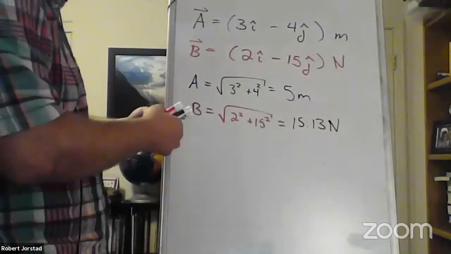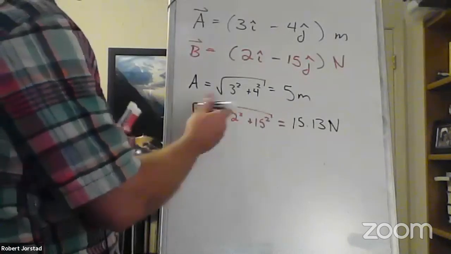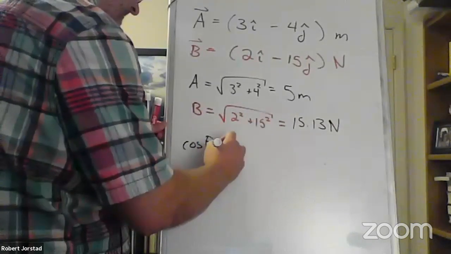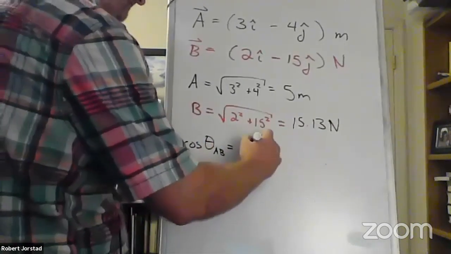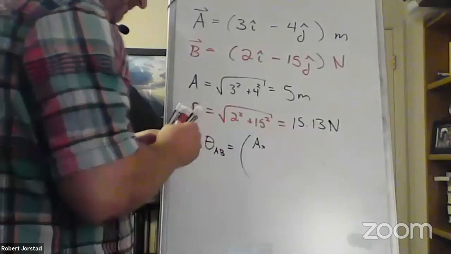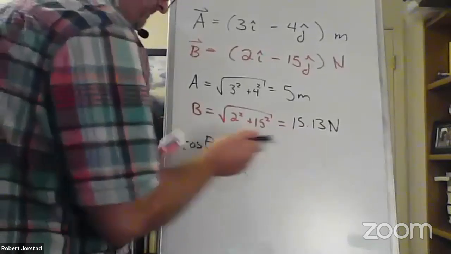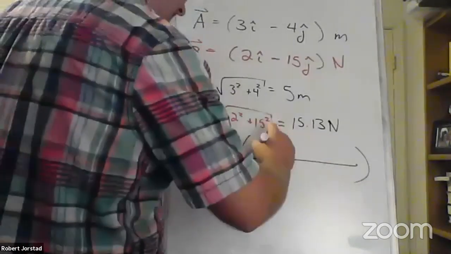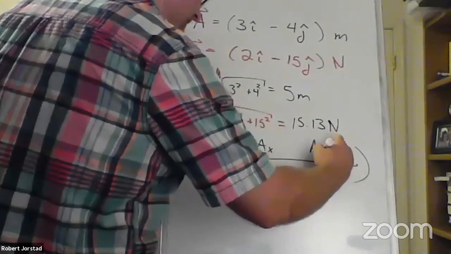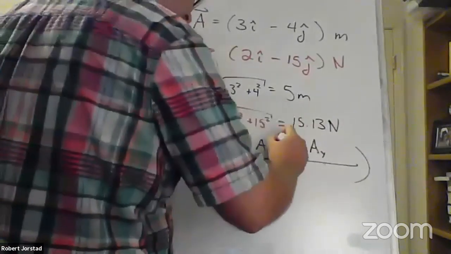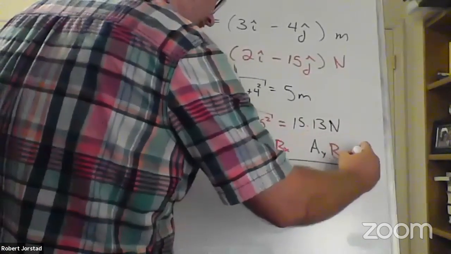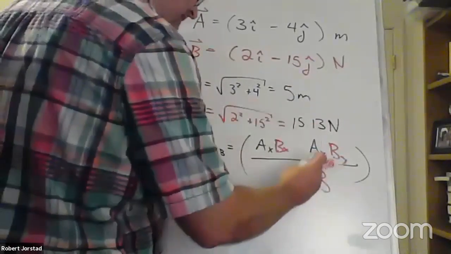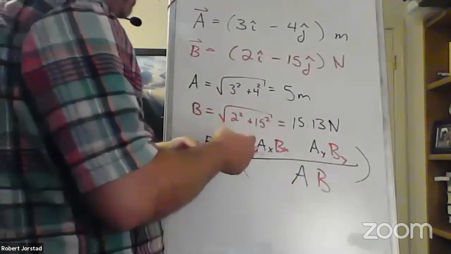All right, so now how do I get the angle? It's going to be AX, AY, BX, BY, and then the magnitude of B and the magnitude of A. I've got all the pieces.